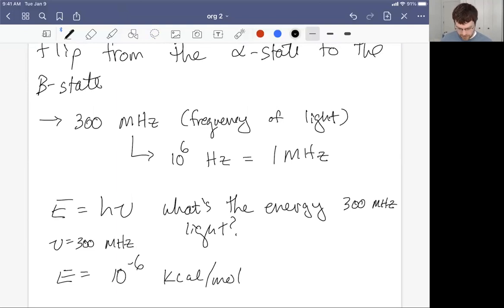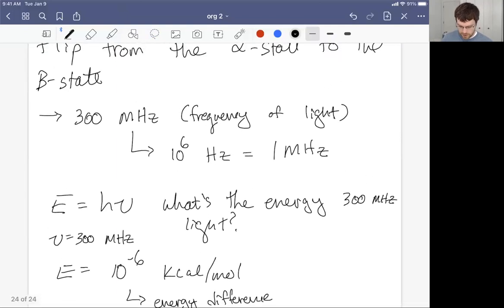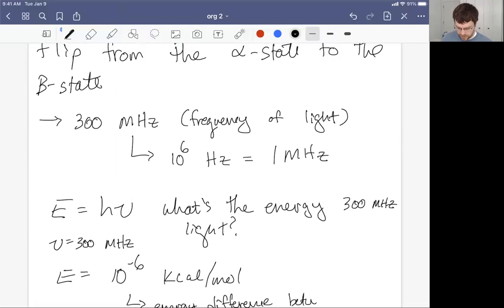This corresponds to the energy difference between alpha and beta for a particular nucleus, that is, the 1H nucleus.